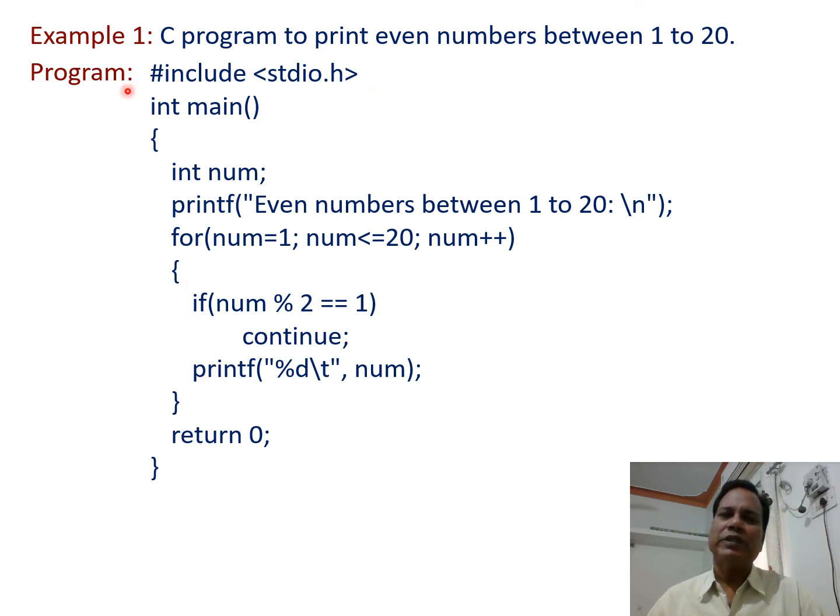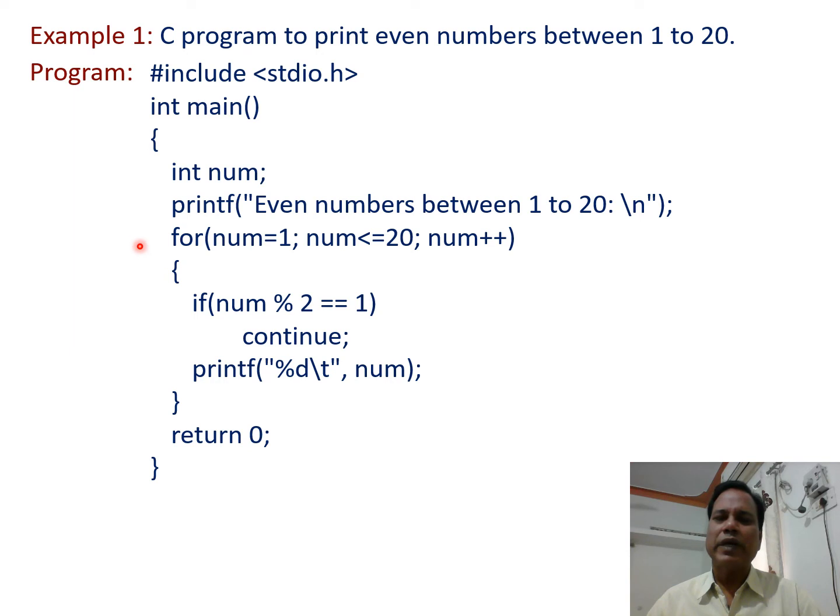As usual, the first statement is include stdio.h written between less than and greater than signs, which includes the standard input output header file in our program. Then within the open and close braces of the main function, the first statement int num declares integer variable num. Then printf statement prints "even number between 1 to 20:" on the output screen. Then \n brings the cursor to the beginning of the next row after printing this.